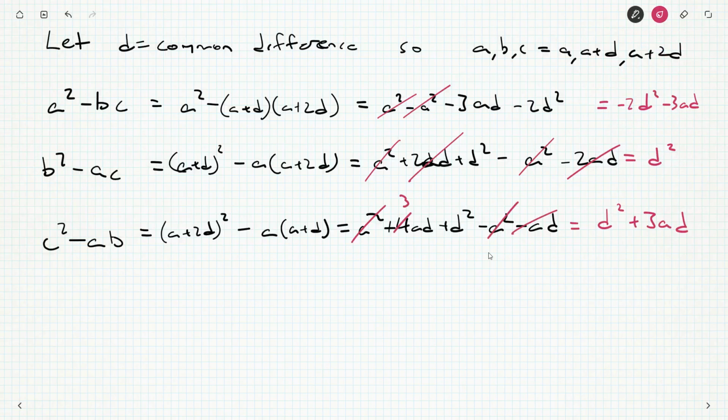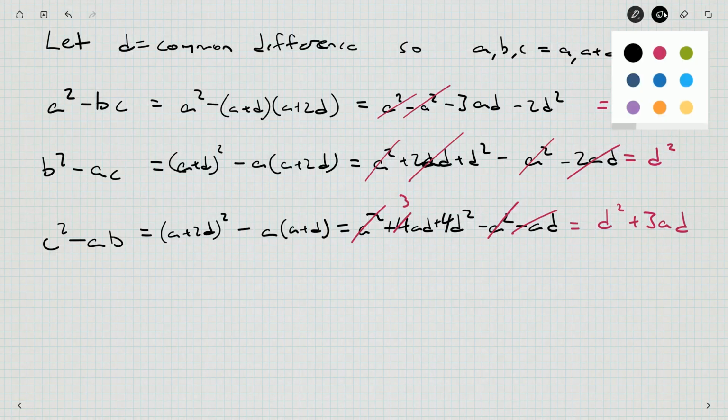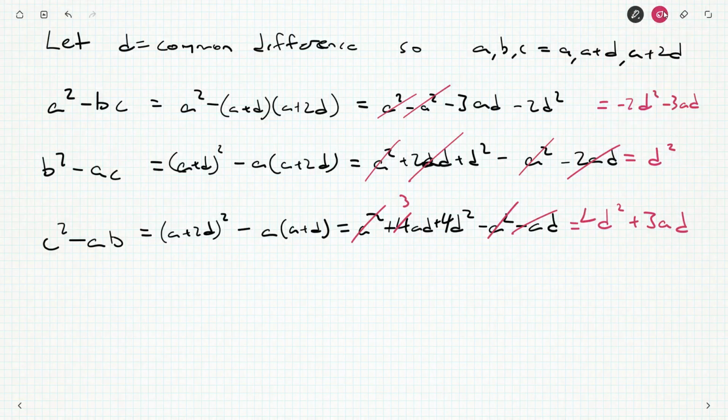Okay, so am I missing something? This doesn't seem, oh, there it is, there's my mistake. It's not D squared, it's 4D squared. I was going to say, this doesn't seem to be working out, but there it is, 4D squared.